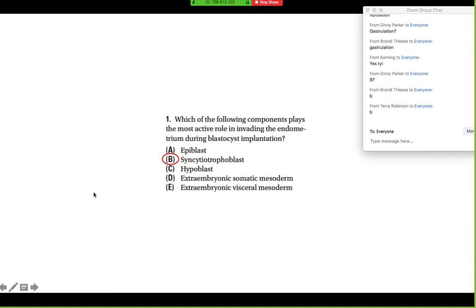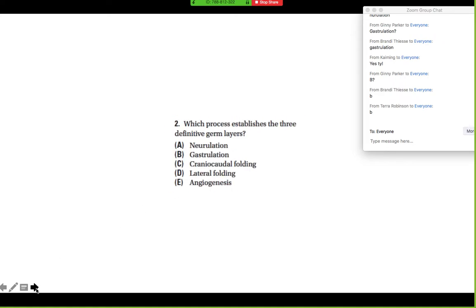And if that doesn't make sense yet, go back and look at a picture of the syncytial trophoblast and see what it's doing. Okay. Which process establishes the 3 definitive germ layers? That is correct. B, gastrulation.